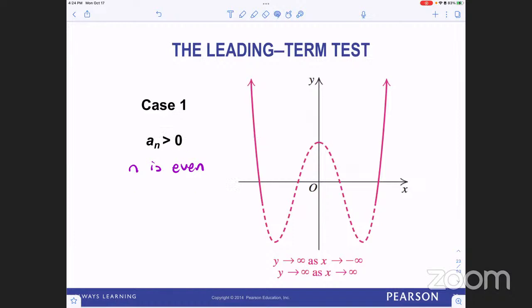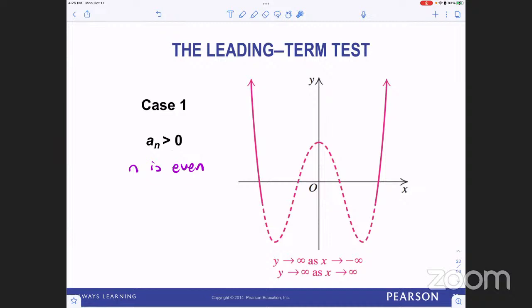It's very similar to what we discussed a moment ago. Notice a positive leading coefficient means our graph goes up to the right. If the degree of our polynomial is even, that means the other side does the exact same. This doesn't tell us anything about what happens in the middle, it just tells us what happens as x goes to positive infinity or negative infinity.